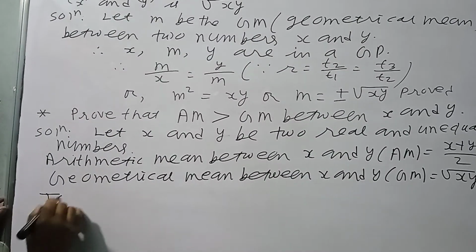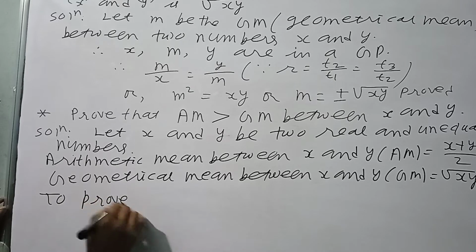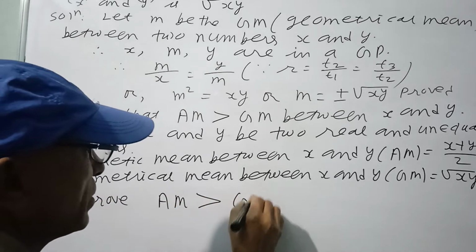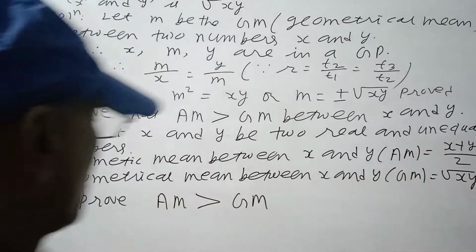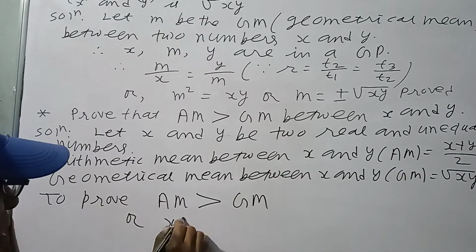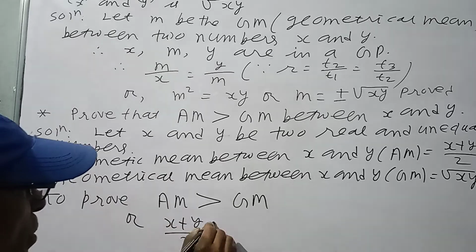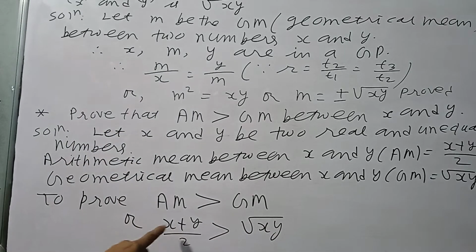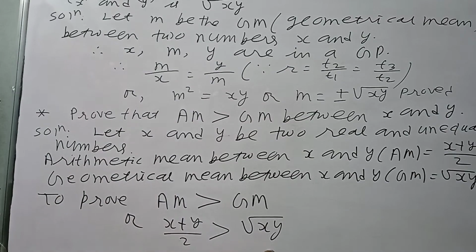To prove AM is more than GM, that is, x plus y upon 2 is more than under root xy. How to prove x plus y upon 2 is more than under root xy?